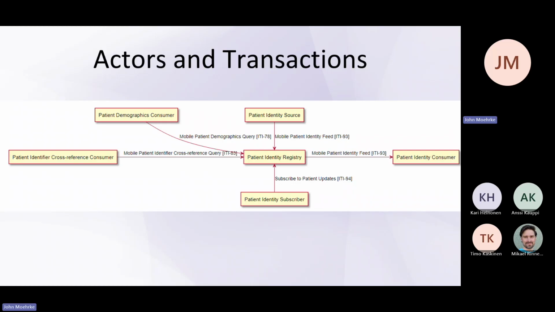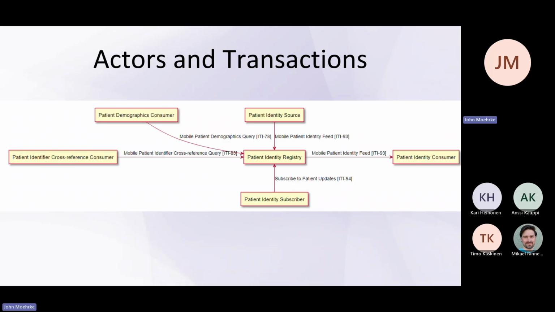It's a rather simple concept, but the idea is that the patient identity source in this case is responsible to make sure that the golden patient at the identity registry is as singular as possible. We do recognize that sometimes multiple identities get created, so we do have a merge. We do have a delete, those kinds of things.